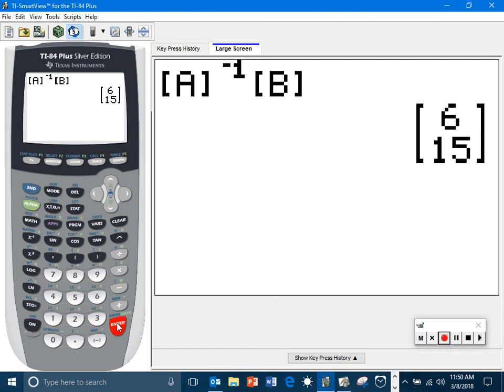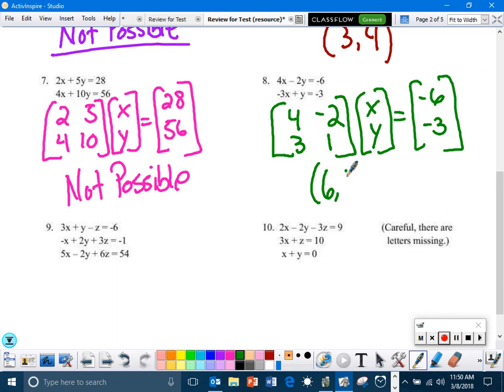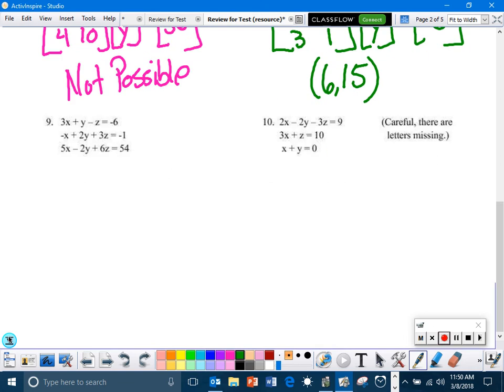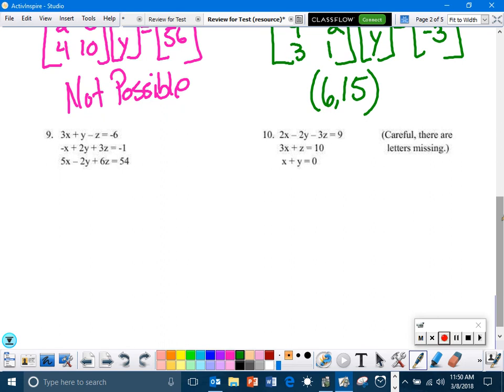All right, 615. All right, so now number 9 and 10, we've got 3 letters. Okay, so our matrix is going to increase a bit. So first I'm going to write my matrix out. Watch your negative signs.